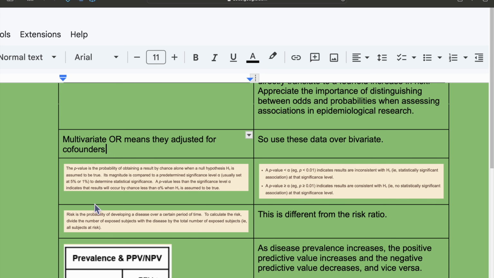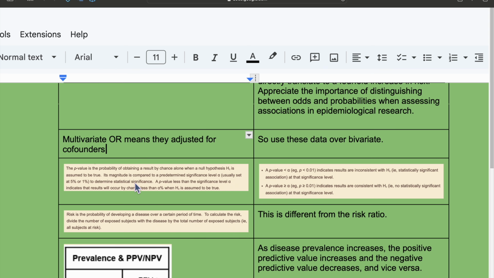To answer the questions. The p-value is the probability of obtaining a result by chance alone when a null hypothesis is assumed to be true. Its magnitude is compared to a predetermined significance level alpha, usually set at 5% to 1%.